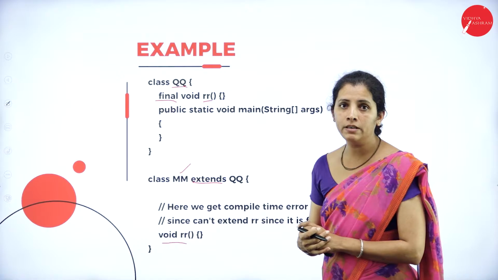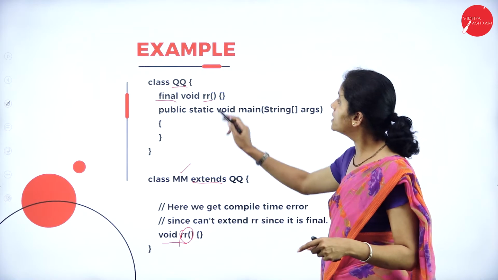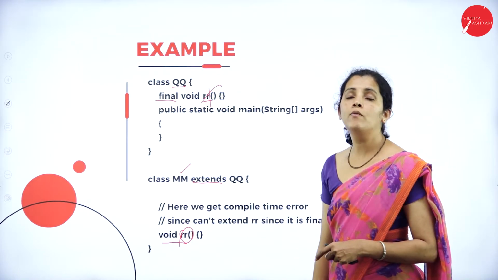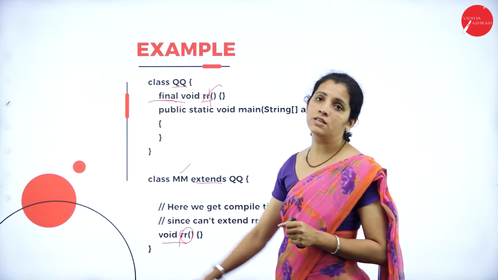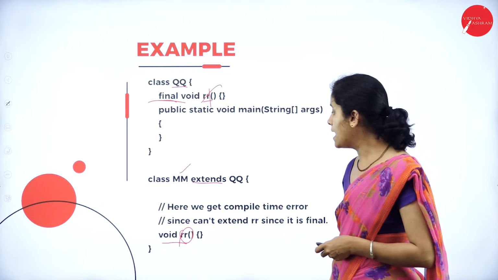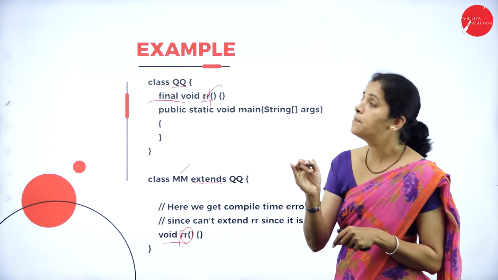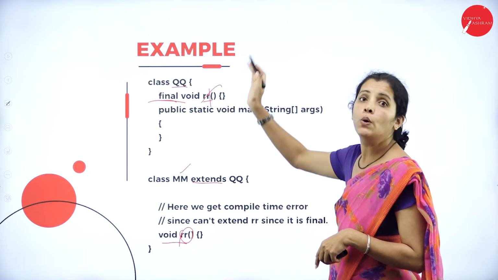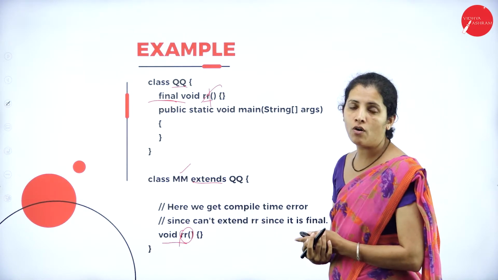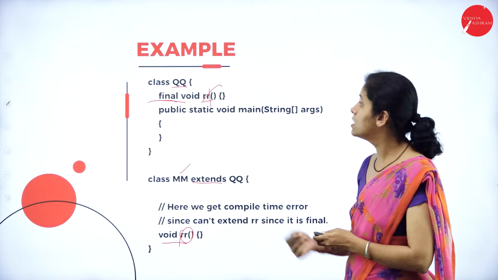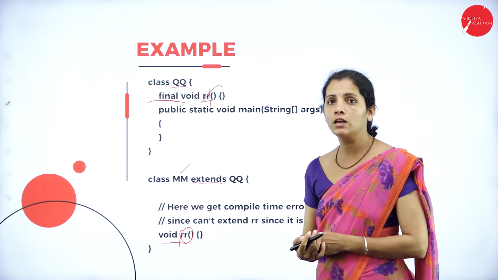Now this run method is going to override that run method. Now I want to avoid that, so I'm going to use the final keyword so that the method present in the subclass cannot override the method present in the superclass. So this is the advantage of the final keyword when I use it with variables, methods or classes.